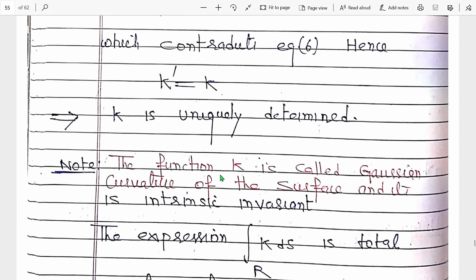The function K is called the Gaussian curvature of the surface, and it is an intrinsic invariant.